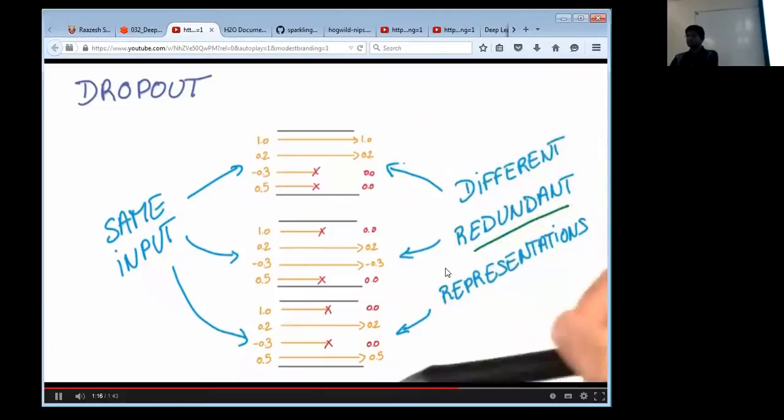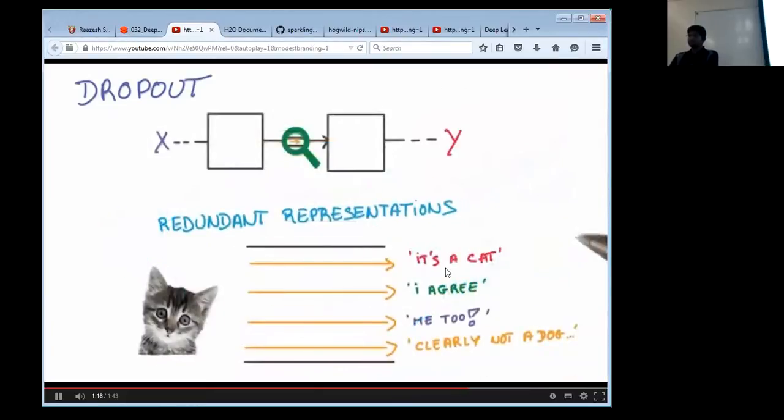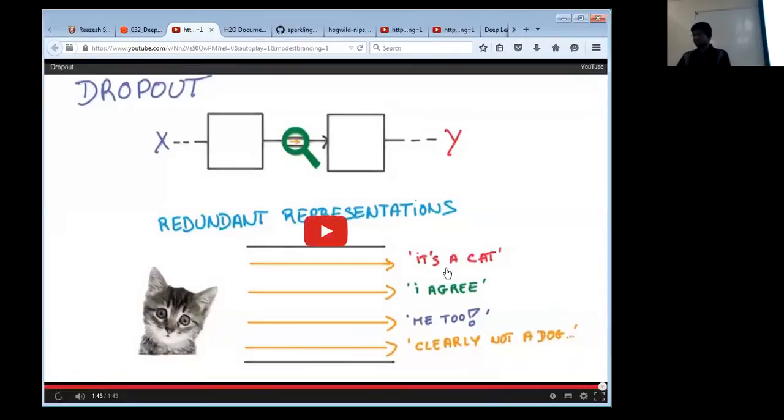So everything remains fine at the end. Forcing your network to learn redundant representations might sound very inefficient. But in practice, it makes things more robust and prevents overfitting. It also makes your network act as if taking the consensus over an ensemble of networks, which is always a good way to improve performance. Dropout is one of the most important techniques to emerge in the last few years. If dropout doesn't work for you, you should probably be using a bigger network.